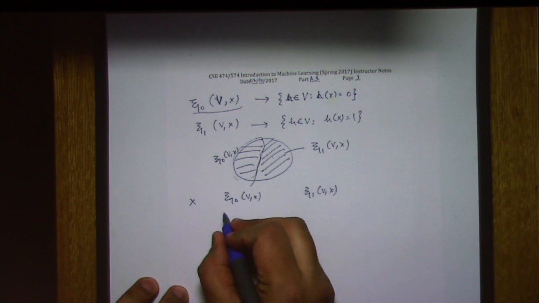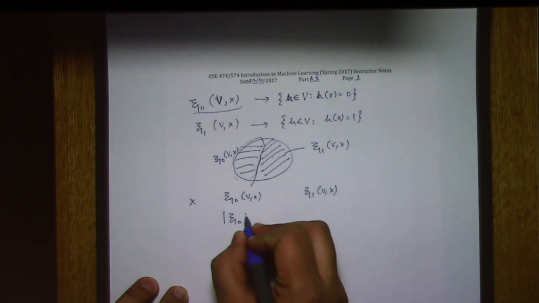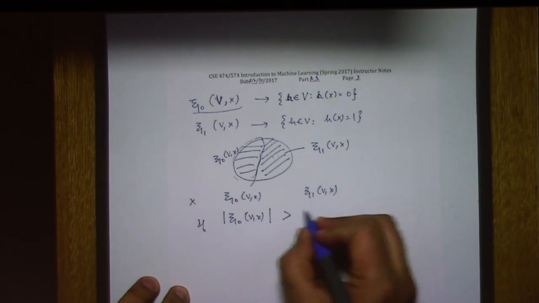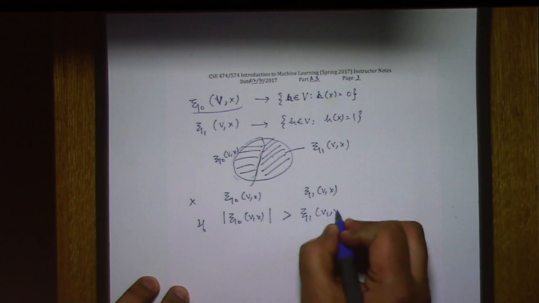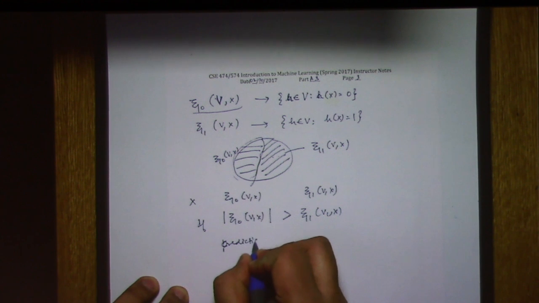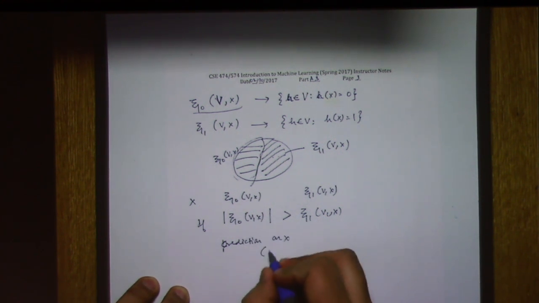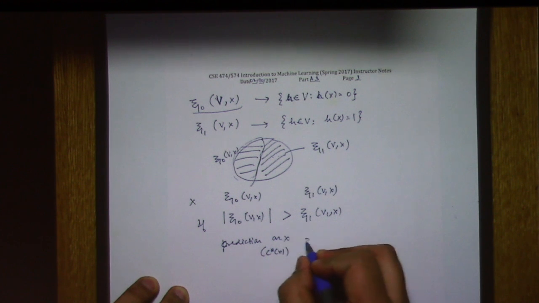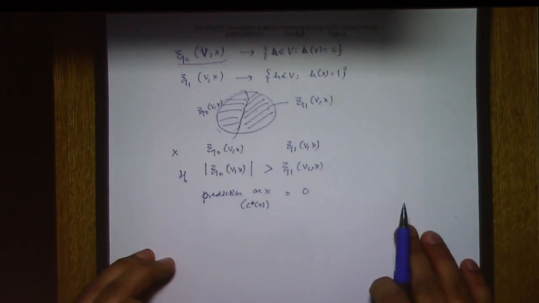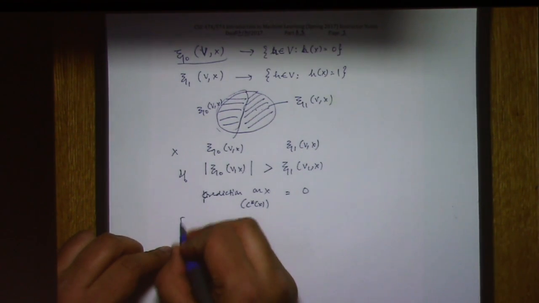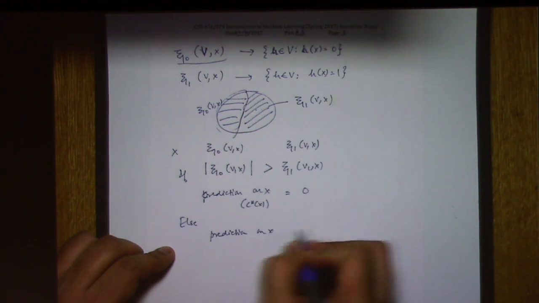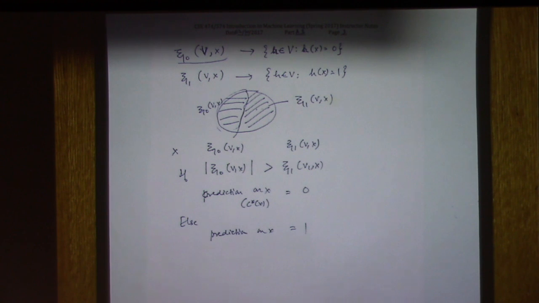Then it sees which one is bigger. So if this one is bigger, then my prediction on x, which we call C star of x, is 0, because more hypotheses in my current space say that it is 0. Else the prediction on x is 1. Okay, so that's my prediction there.